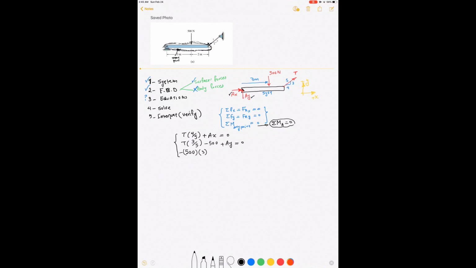Now let's go to this force T. If you have two components, this one is the X and this one is the Y. Remember, in calculating the moment, the first step was to break it down, the second step was to move it, and the third step was to get the moment arm and compute the moment. So the X component is T, as I mentioned before, times 4 over 5, and the Y component is T times 3 over 5, right?